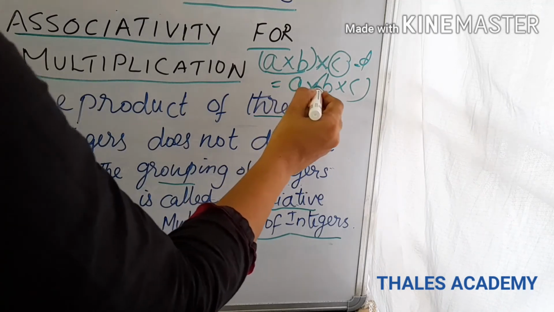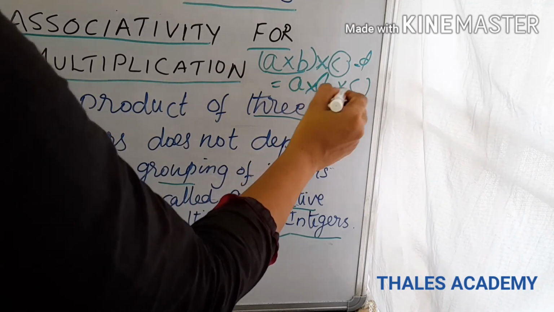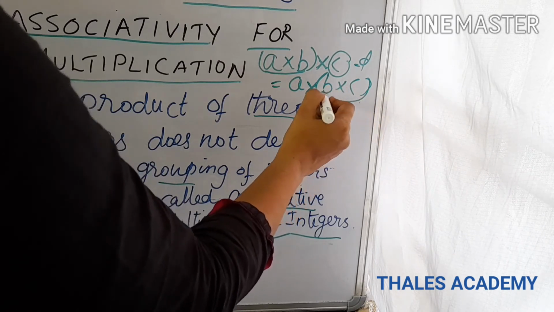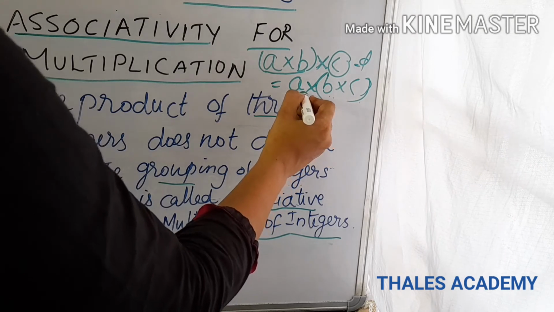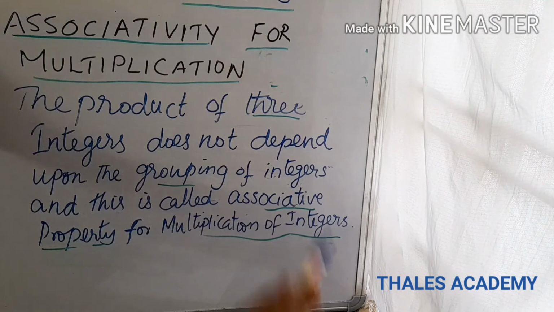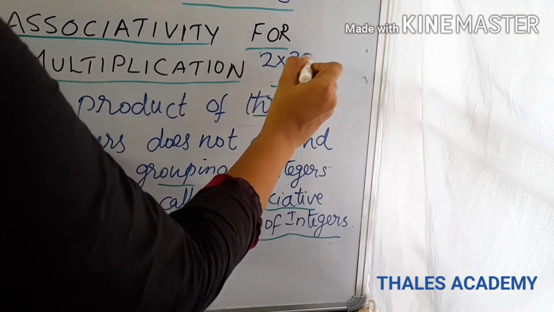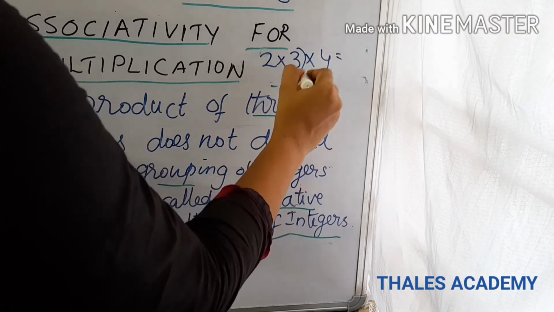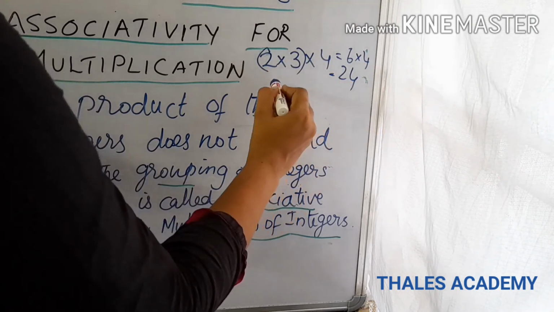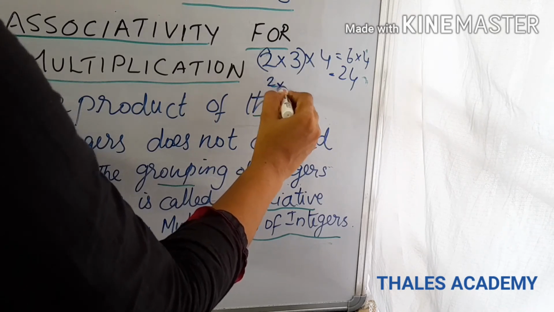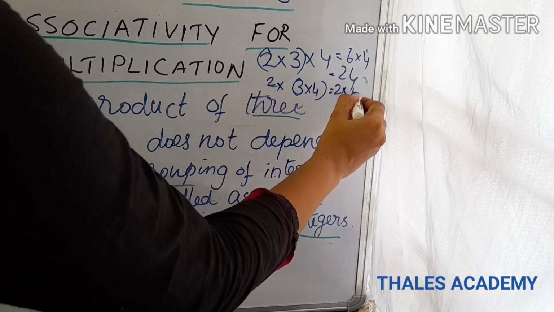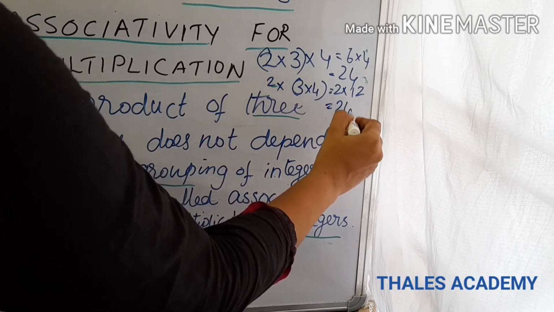If we group the second two integers, b into c, and multiply its product with a, then also we get the answer d. For example, 2 into 3 into 4, we get 6 into 4 equal to 24. Like that, 2 into 3 into 4, we get 2 into 12 equal to 24.